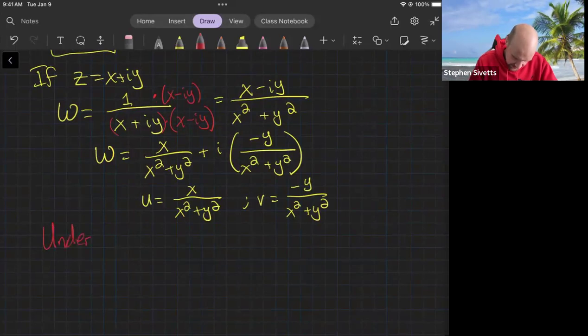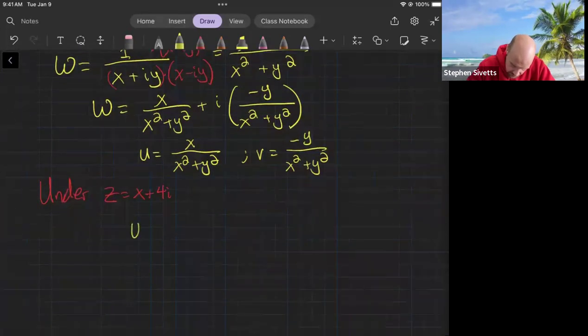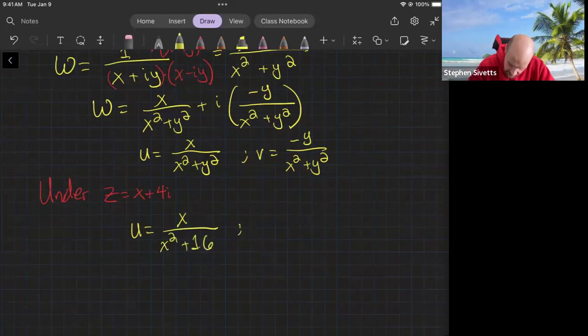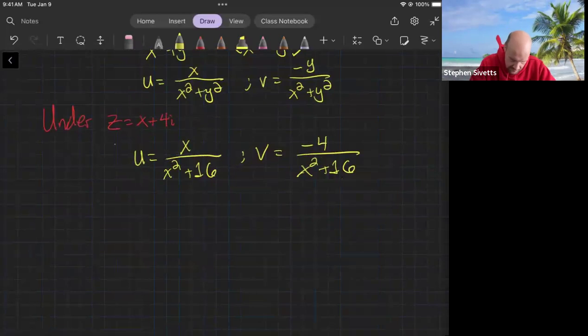So for complex numbers of this form, x plus 4i, the y coordinate is 4. So u, the real component, is x divided by x squared plus 16, and the v component is minus 4 divided by x squared plus 16. Label these as 1 and 2.